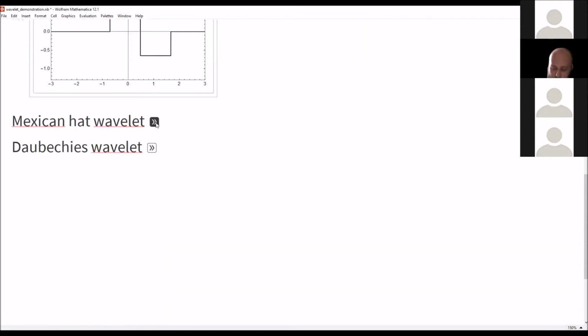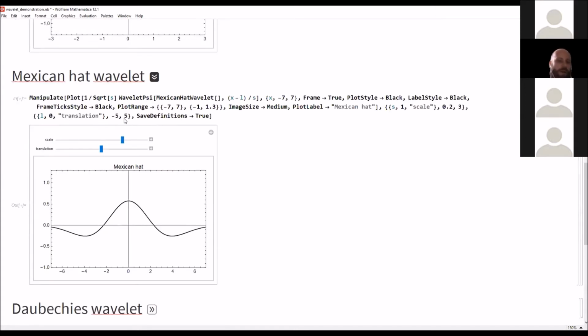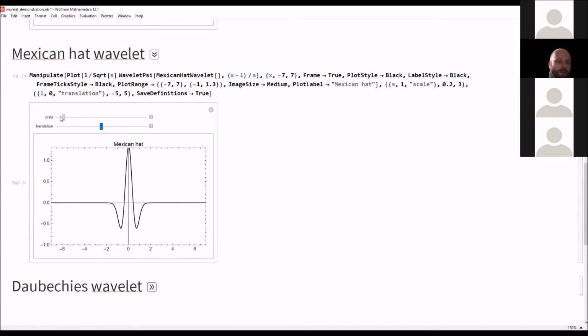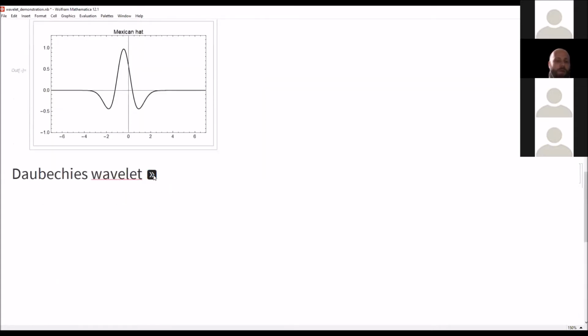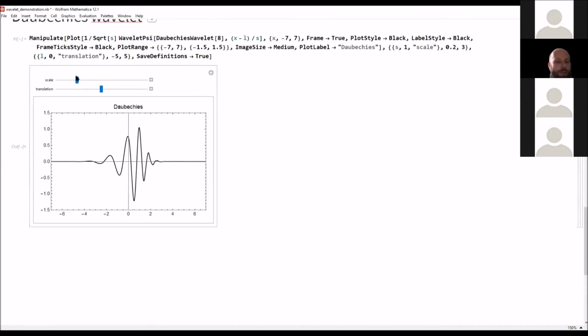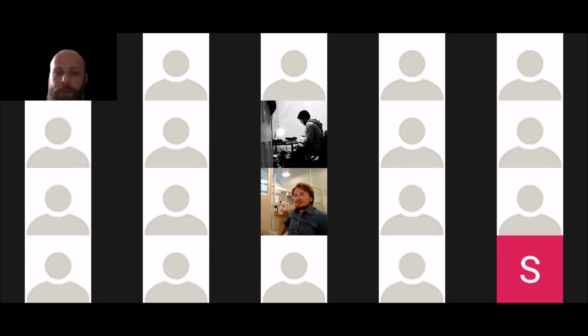And there are also lots of other wavelets like this so-called Mexican hat, or a whole family of the so-called Daubechies wavelets. And many more. So again, fast switch.